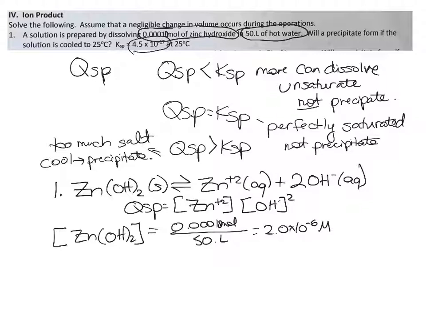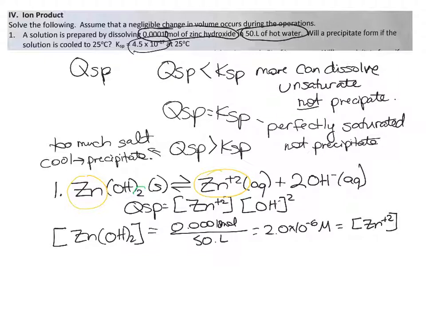So for every 2.0 times 10 to the negative 6 moles of zinc hydroxide, we're going to get 1 mole of zinc ions, because this is a 1:1 ratio of zinc.